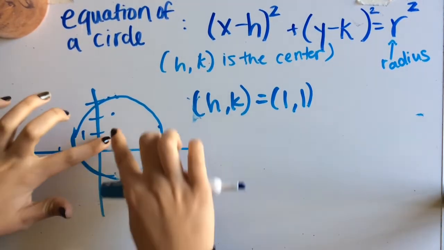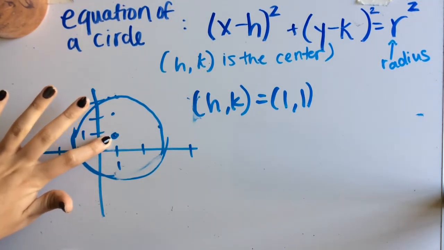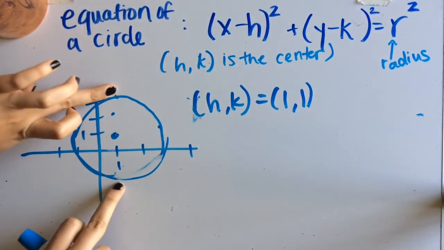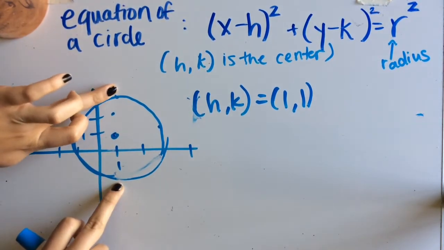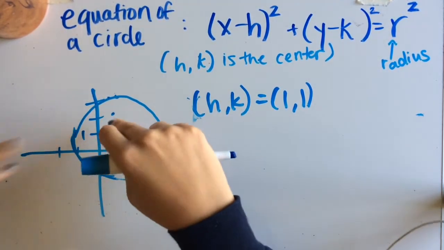The easiest way to see it is to count how far the edge is at the parts directly above, below, or next to the center.